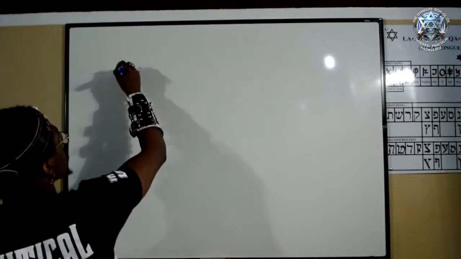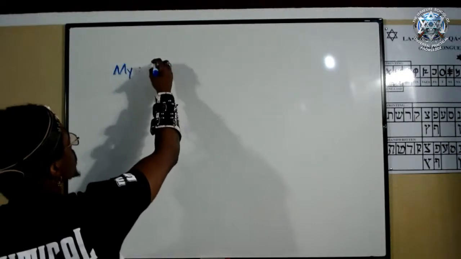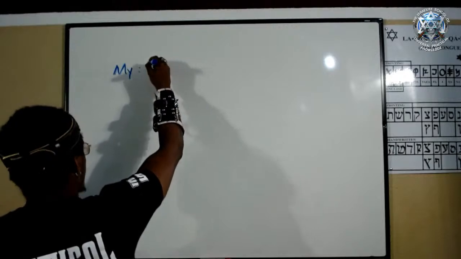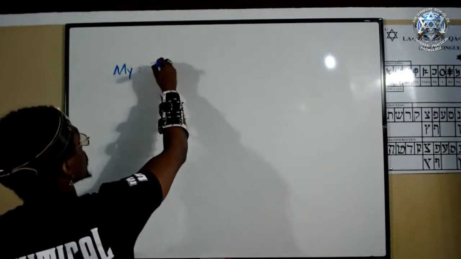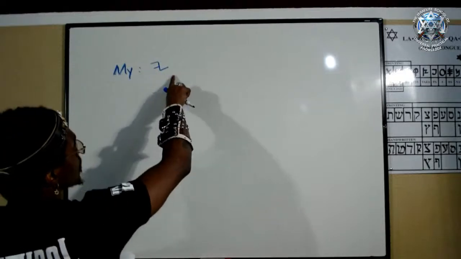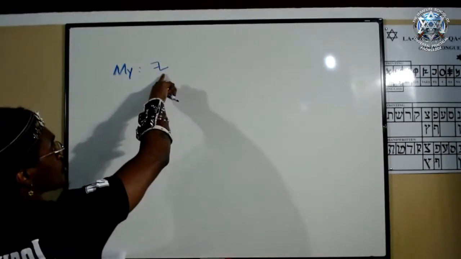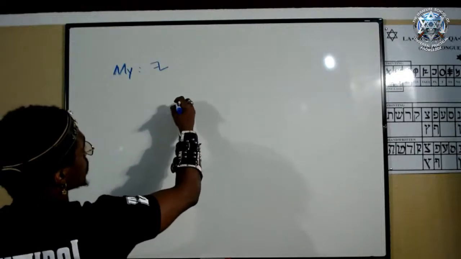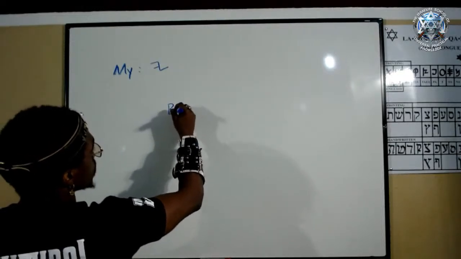And we know that the object pronoun character for my is Yah. In this instance, Yah stays the same. All right? So let's say you're saying houses.